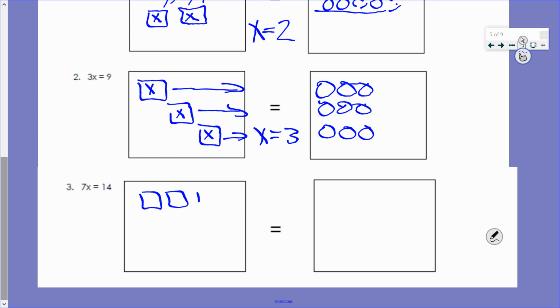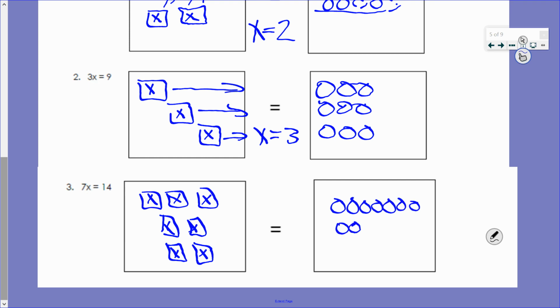Our next one, now I have 7 x's. So I have a lot of boxes to draw: 7 boxes of x. And I have 14. The same as what we've seen before.